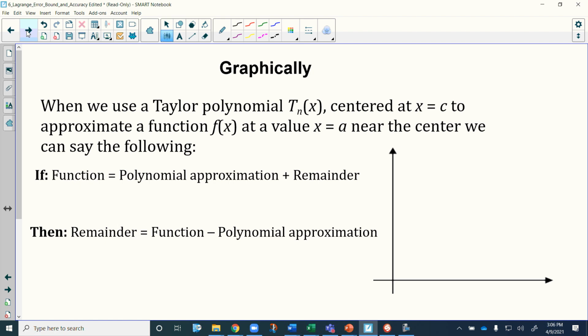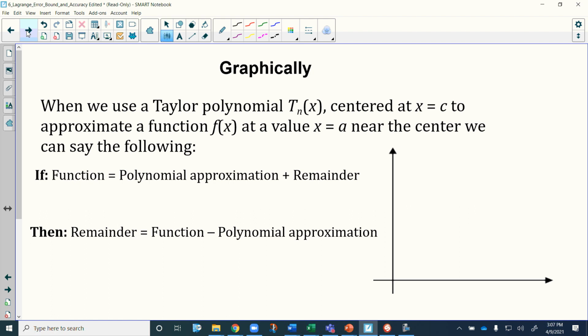The variable really doesn't matter, but consistency might be an issue. If that throws you off, you can change that to a p sub n of x. Centered at x equals c to approximate a function f of x at some value a near the center.